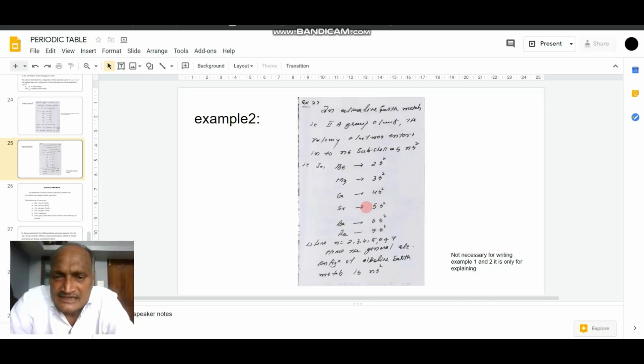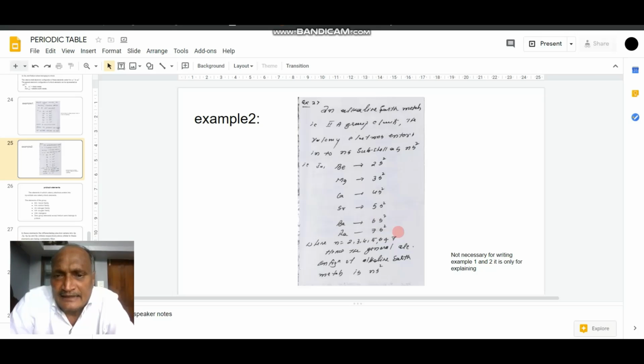Likewise, the valence shell configuration of calcium is 4s2, that of strontium is 5s2, barium is 6s2 and radium is 7s2.